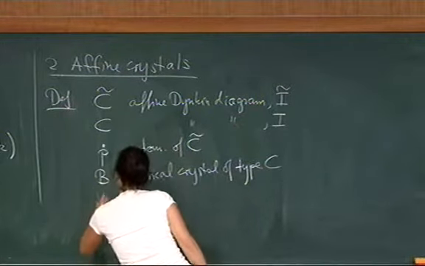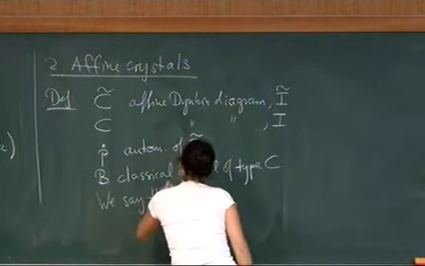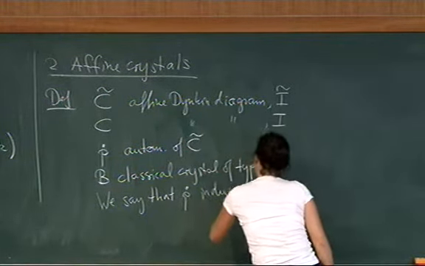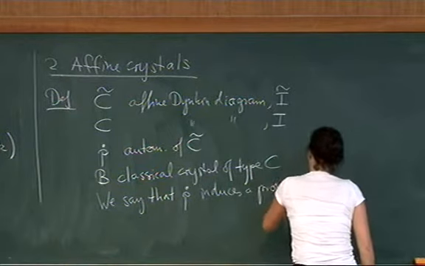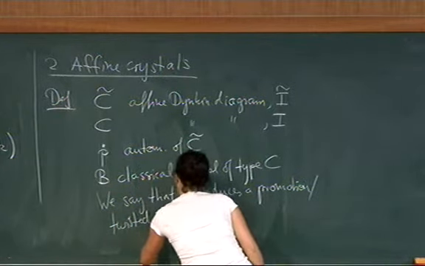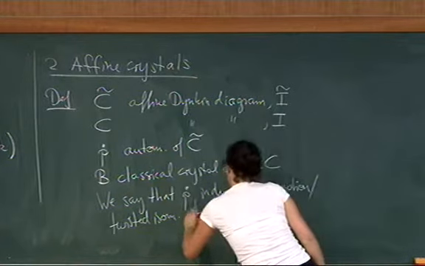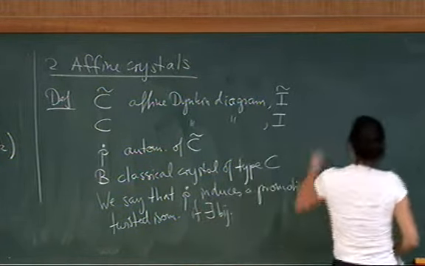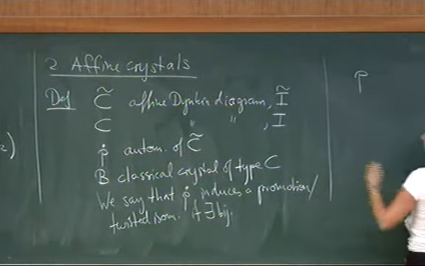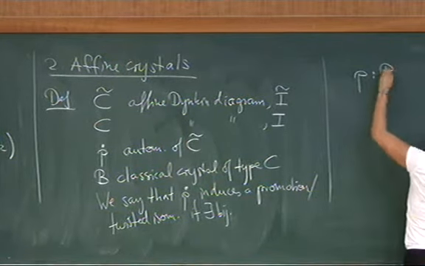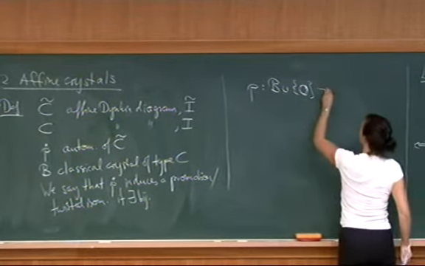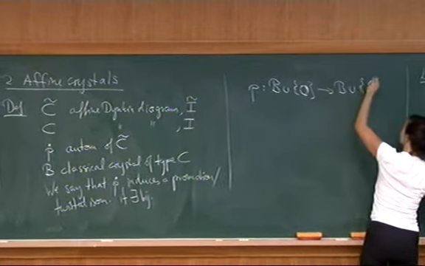And then we say that this P dot induces a promotion, or perhaps you could say a twisted isomorphism, if there exists some bijection, which I'm going to call P, induced by this P dot, which goes from the classical crystal union boldface 0 to B union boldface 0.